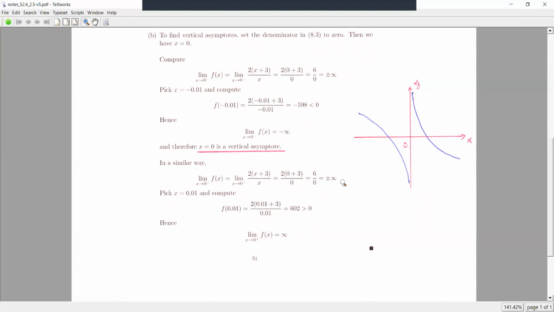Therefore, this limit is a positive infinity. So as x approaches 0 from the right side, function approaches positive infinity. This limit also shows that the y-axis is a vertical asymptote.